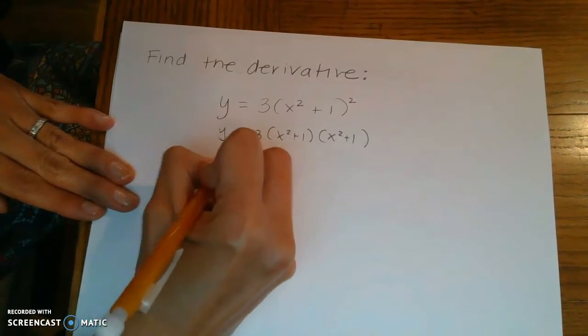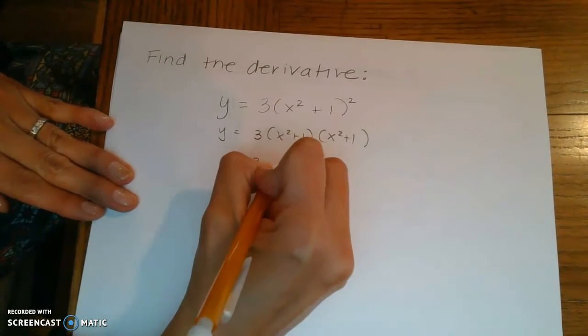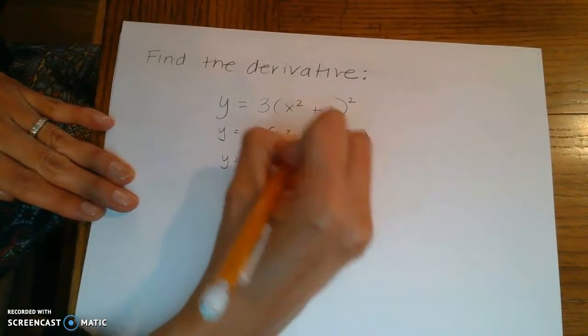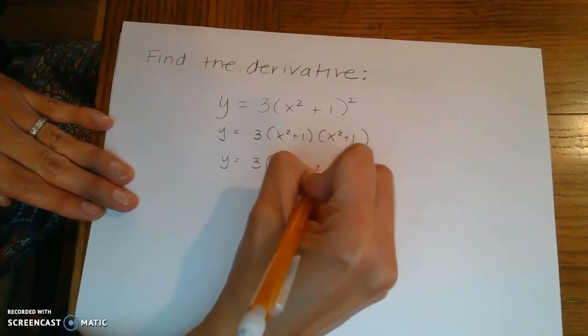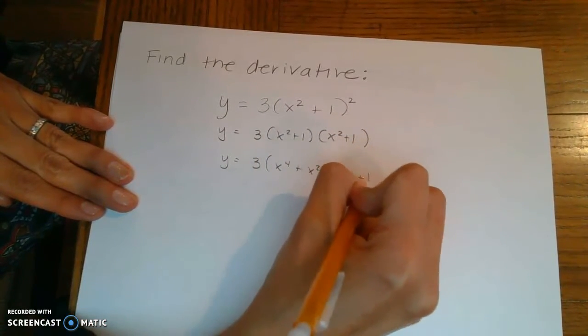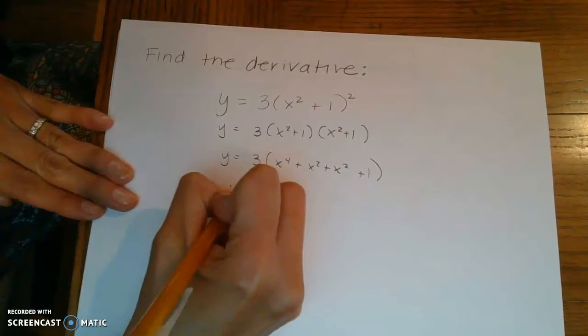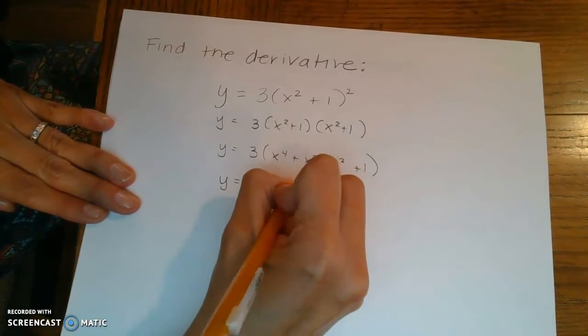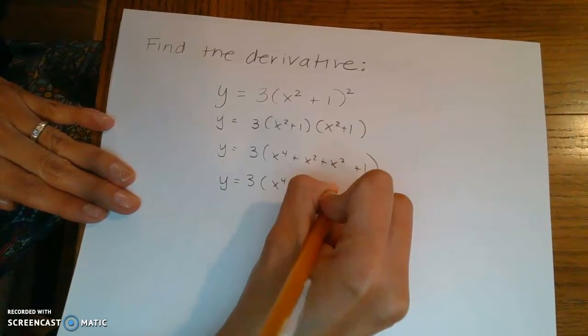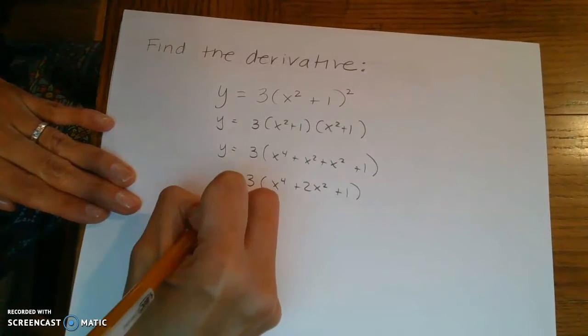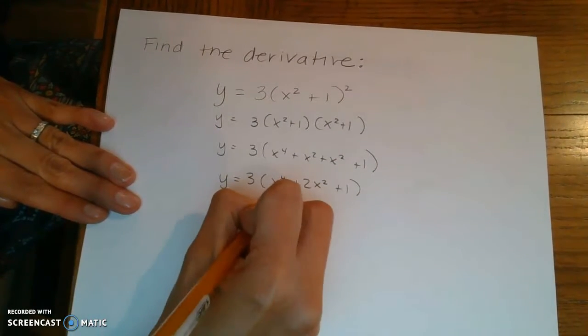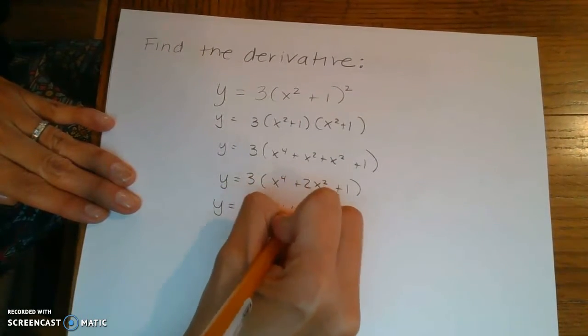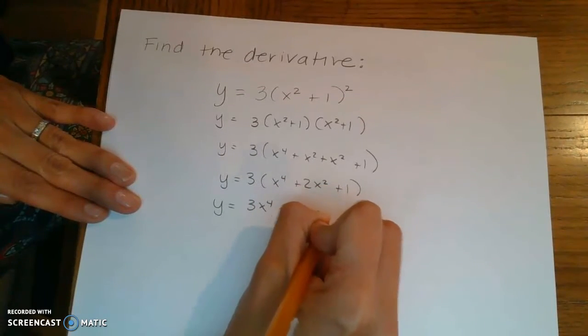And then you would go ahead and double distribute, and you'd get x to the 4th plus x squared plus x squared plus 1. And we would clean that up and get 3 times x to the 4th plus 2x squared plus 1. Still cleaning this up, getting 3x to the 4th plus 6x squared plus 3.